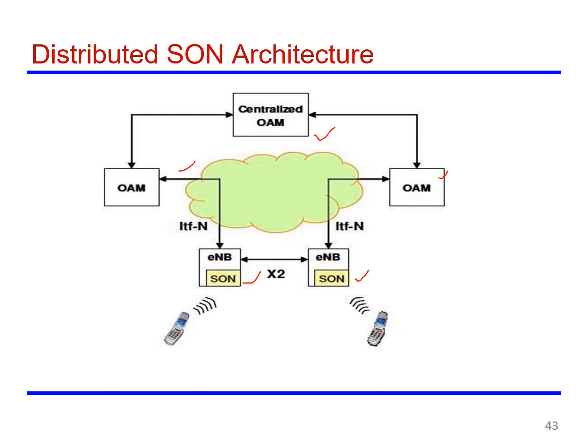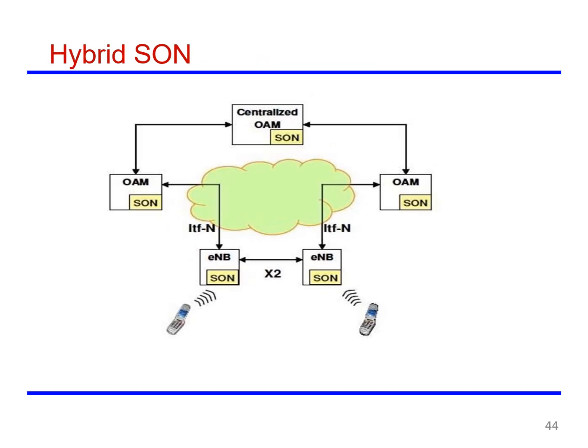But if you want a trade-off between the two advantages, you can have a hybrid SON. Hybrid SON has the facility of implementation in the centralized OMCR and also in the eNodeBs. You can see the SON feature is there everywhere, in the circle OMCRs, district OMCRs, and in the field eNodeBs.